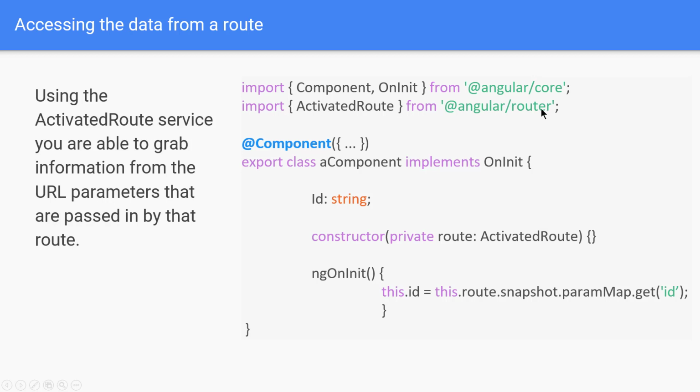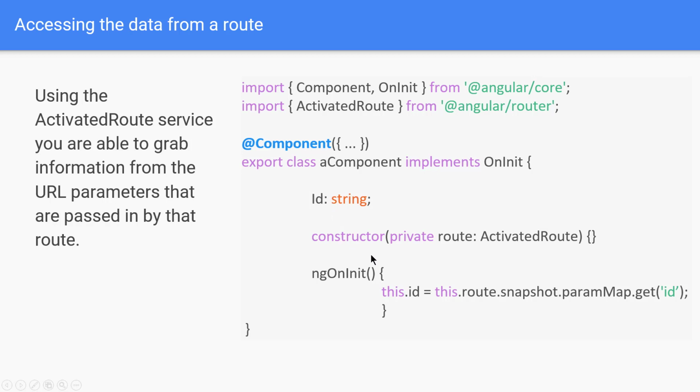The activated route will give us access to the parameters of the URL. You can get these parameters as either a plain object or as an observable, and we'll look at observables later on. So we need to create a property of the component to store the value that we want to pass in.